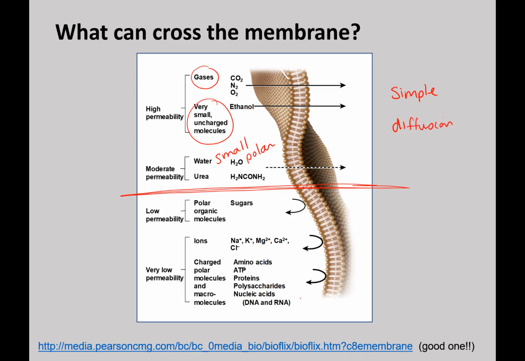The other molecules over on the bottom of our membrane that cannot cross, like sugars, ions, charged polar molecules, larger macromolecules, things like that, cannot pass through. So they're going to have to go through by facilitated diffusion.